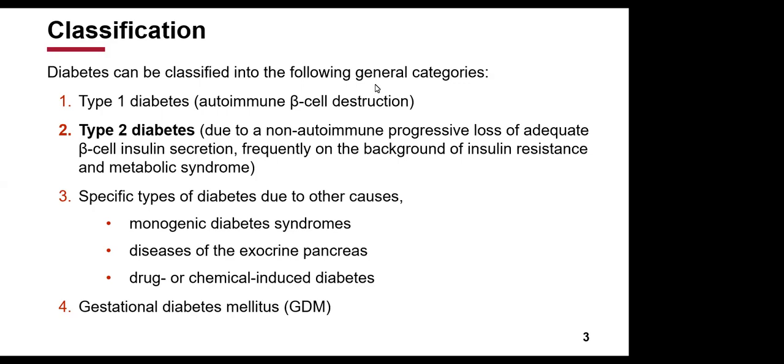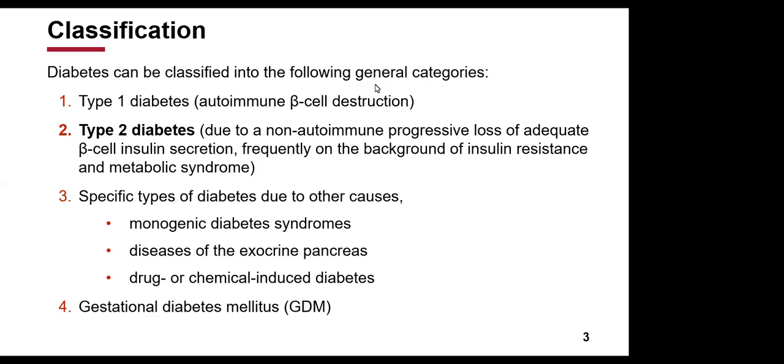Before, they used to say type 1 is more in the young population, but recent studies have shown that it is also very prevalent in adulthood. Then we also have type 2, which is due to a progressive loss of adequate beta cell insulin secretion or insulin resistance, and also metabolic syndrome.